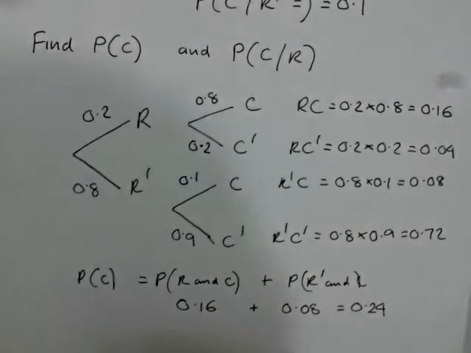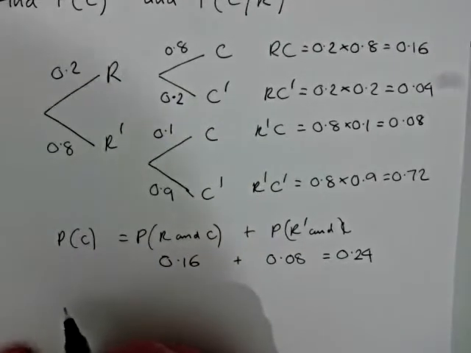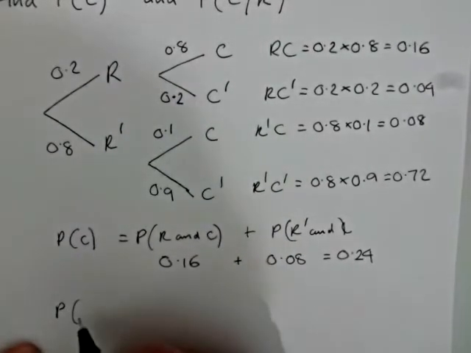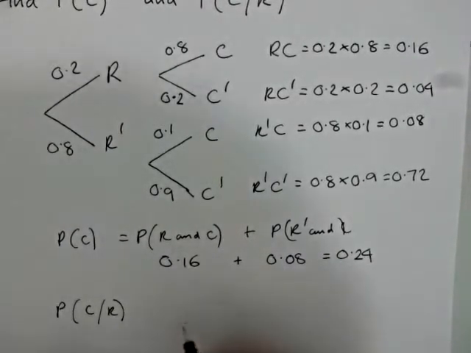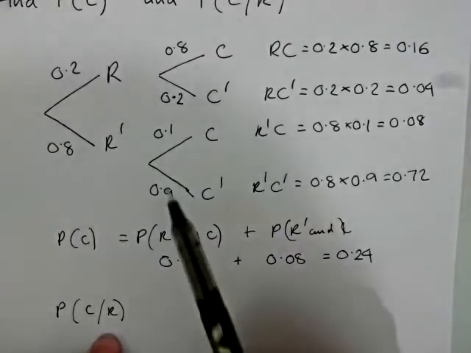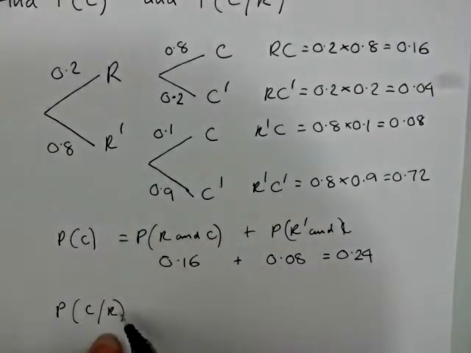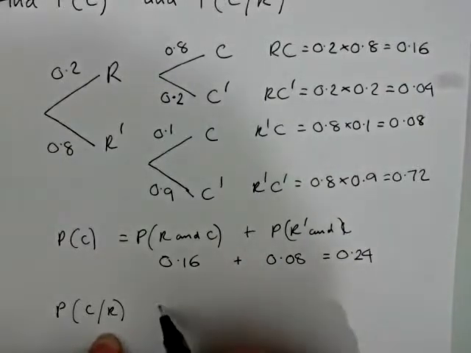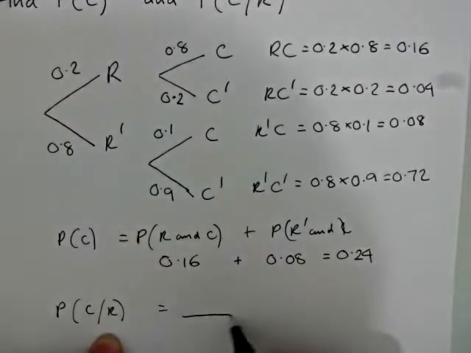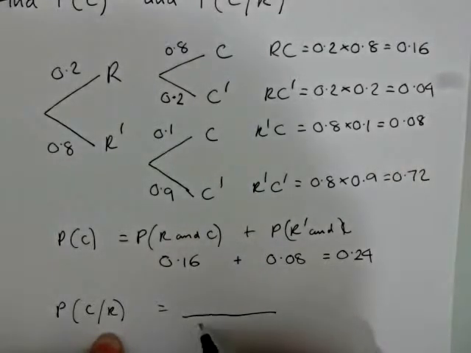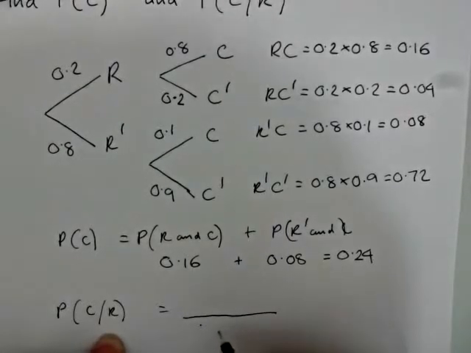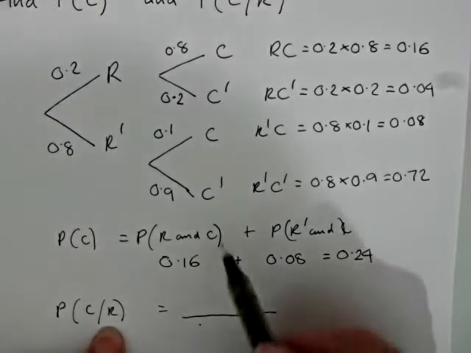And the second question says, if I get the diagram, what's the probability that I'm wearing a coat given that it's raining? Well, the probability that it's raining is 0.2, and the probability I'm wearing a coat given that it's raining is simply 0.8.